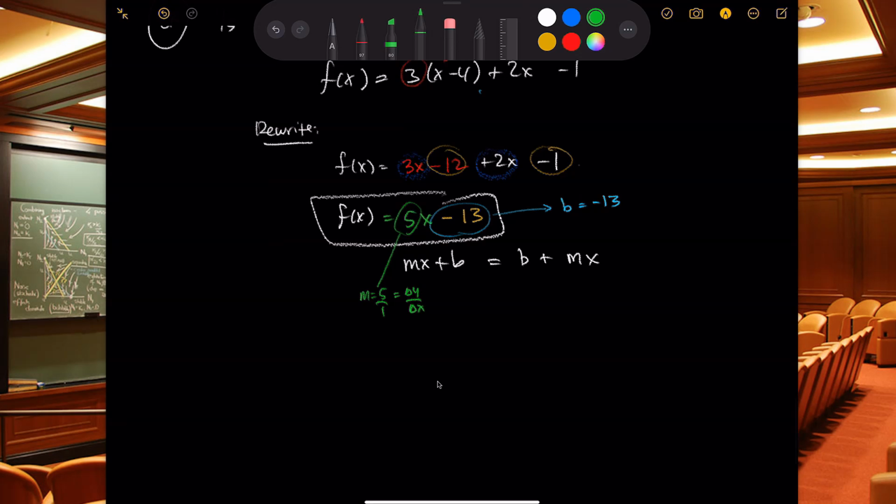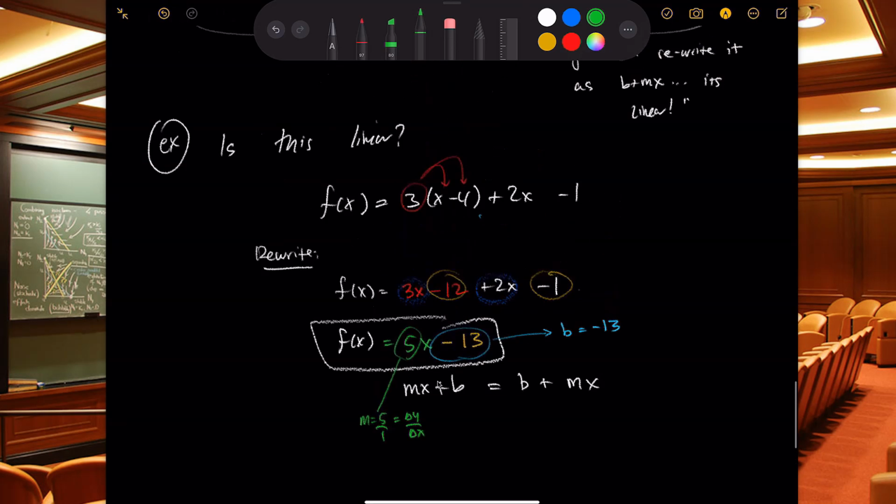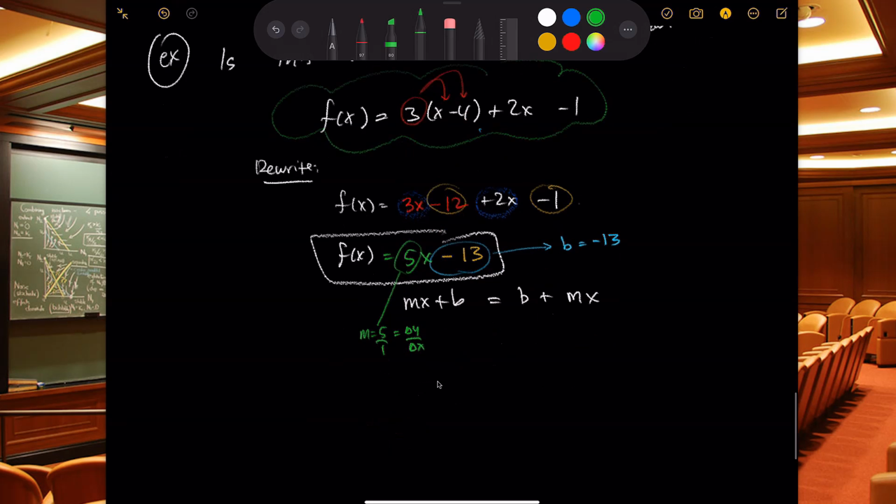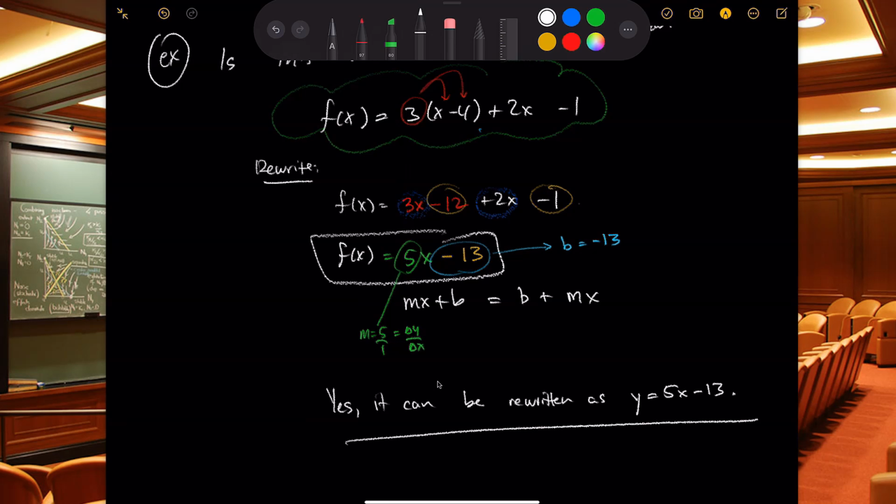So I know everything I need to know about this line, but the point was that it didn't necessarily look like it, but this thing is linear because I can write it in mx plus b form. So yes, it can be rewritten as this.